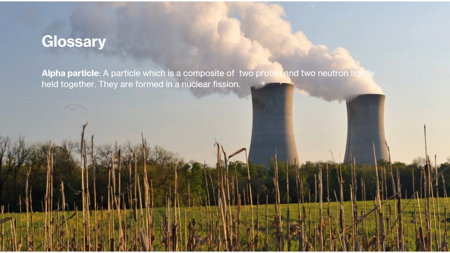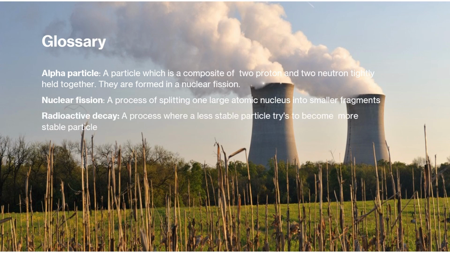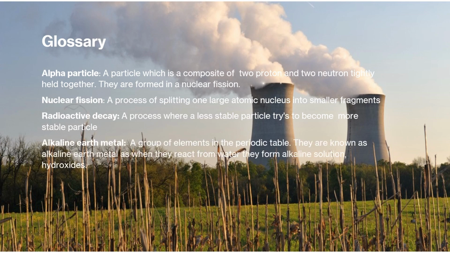Glossary. Alpha particle, a particle which is a composite of two protons and two neutrons tightly held together. They are formed in a nuclear fission process. Nuclear fission, a process of splitting one atomic nucleus into smaller fragments. Radioactive decay, a process where a less stable particle tries to become a more stable particle.